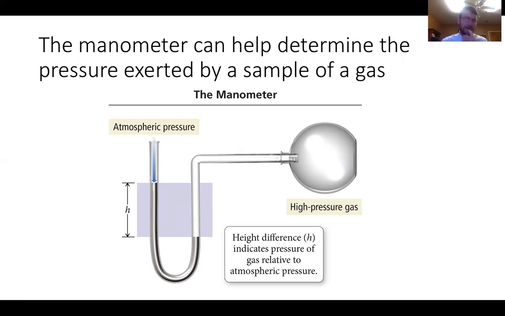Now, I will warn you, on my exam, I will not put a manometer question on there. Or at least I will not put, okay, you have the mercury, you see it decreases by 5 millimeters, what is the pressure of the gas? I'm not going to do that specifically.